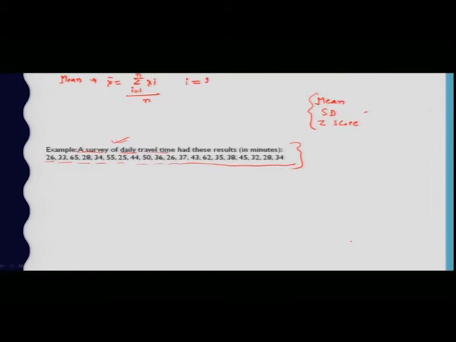So, n equals 20, and in this way we can calculate this particular mean as 38.8 minutes and the standard deviation is 11.4 minutes.